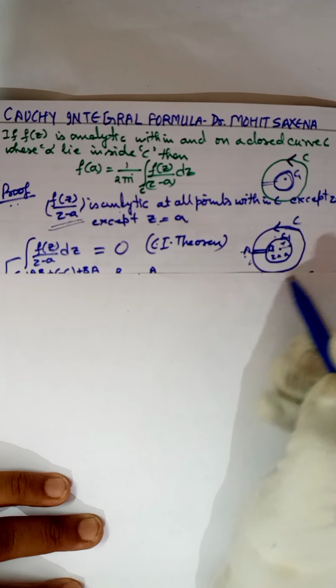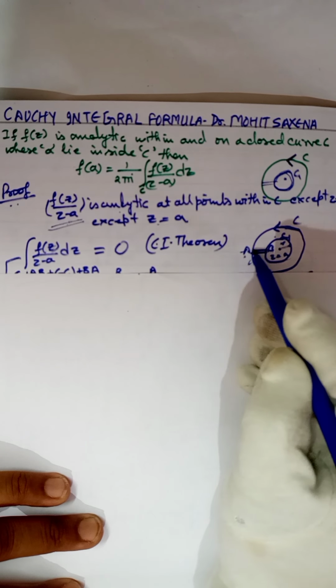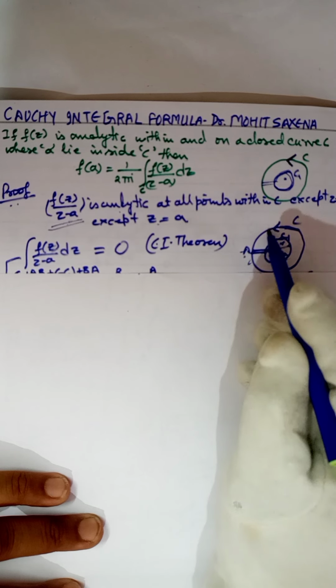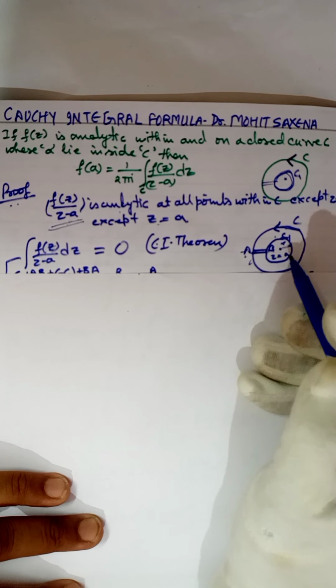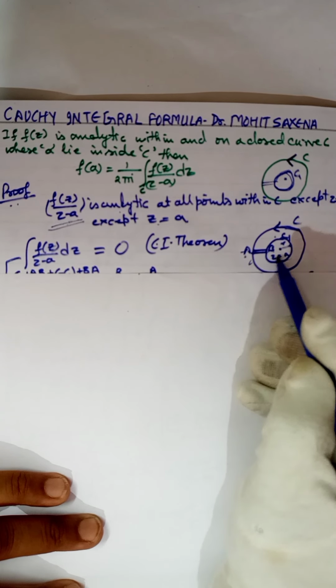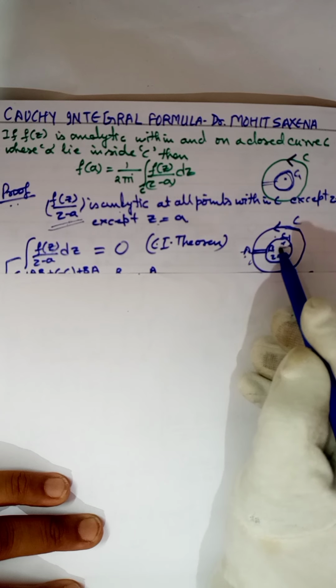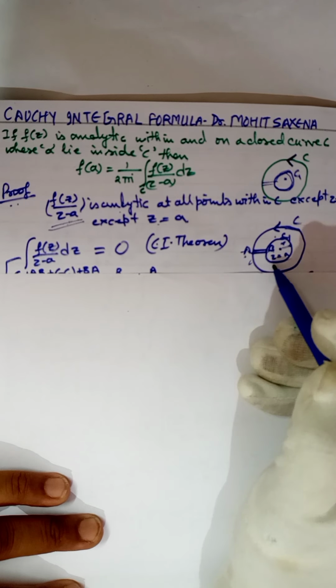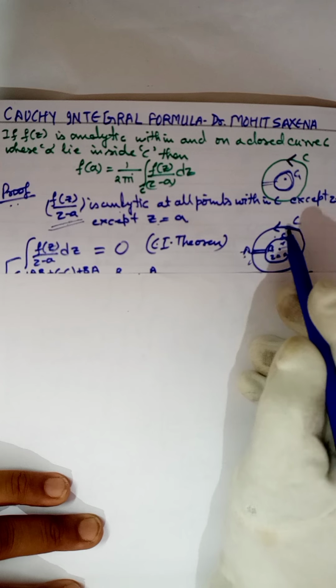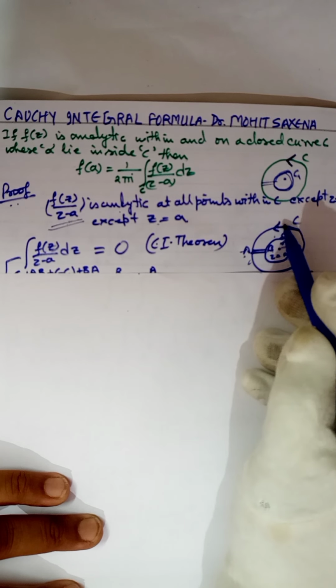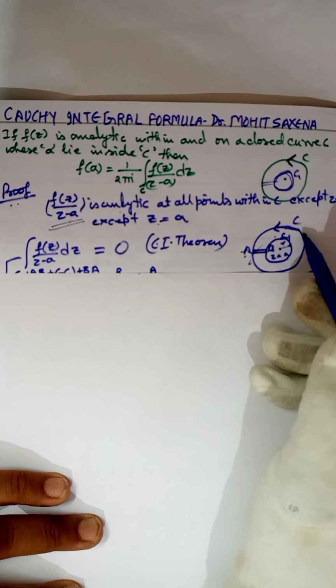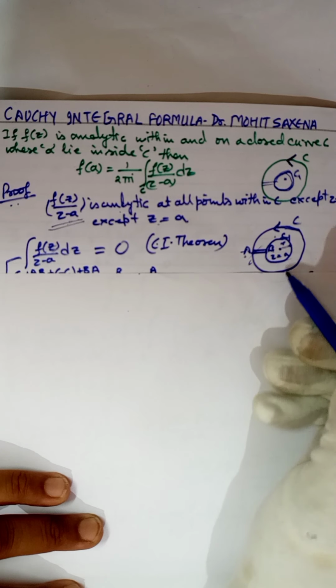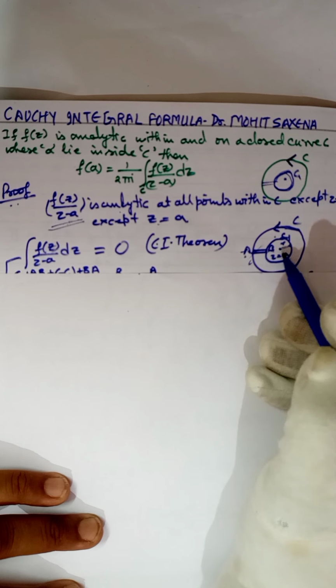Now C is the bigger circle, C1 is the smaller circle, and A to B is a cross cut between C and C1. Now see, the point z equals a lies inside C1 as well as inside C. If we consider this whole bigger region, which includes C and C1 both, then z equals a lies inside both regions.